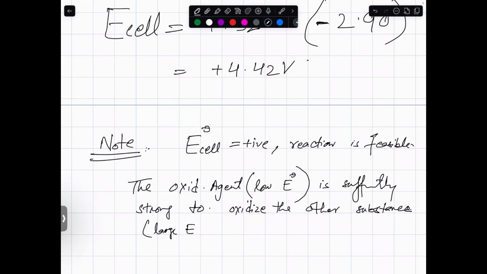Large E naught. The oxidizing agent is sufficiently strong. Oh, sorry, I made a mistake.